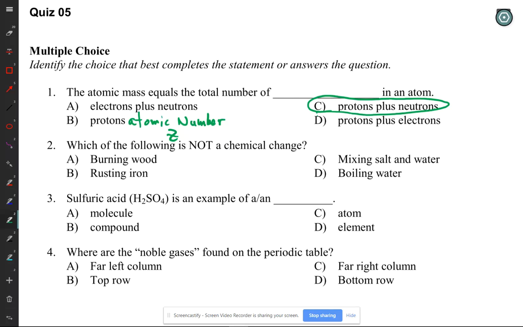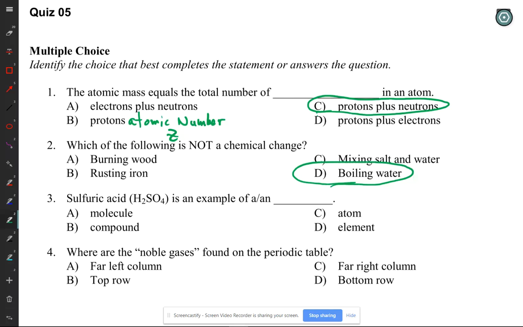Number 2, which of the following is not a chemical change? Boiling water. Burning wood is a chemical reaction. That's a chemical change.